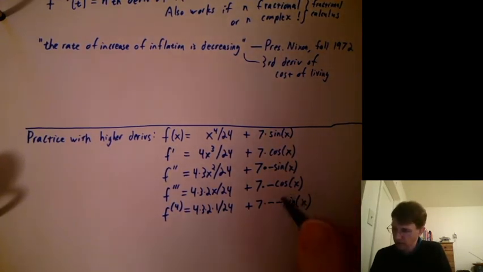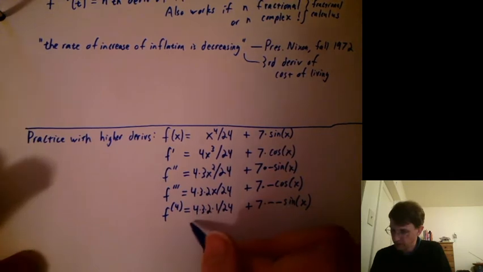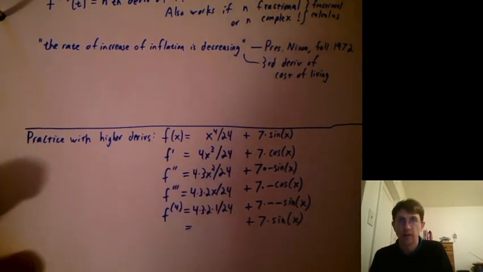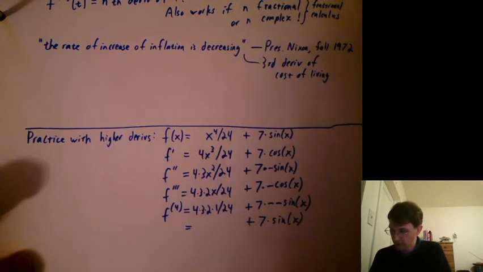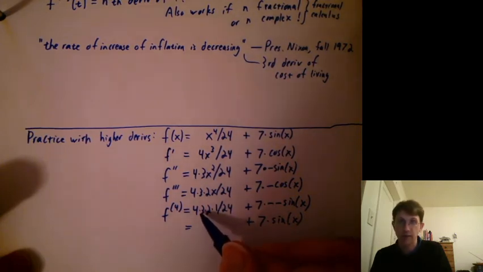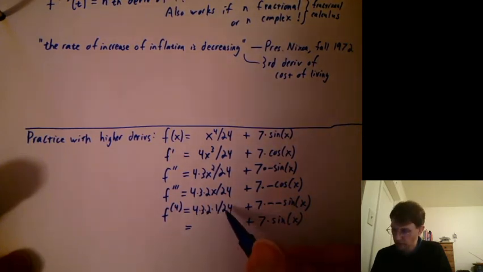And this is one of those rare occasions where I'm okay with us simplifying a bit. So this would be plus 7 times just plain sine. So we got sine back after 4 derivatives. And then what do we get here? Well, what is 4 times 3 times 2 times 1? 1 times 2 is 2, 1 times 2 times 3 is 6, and 6 times 4 is 24.